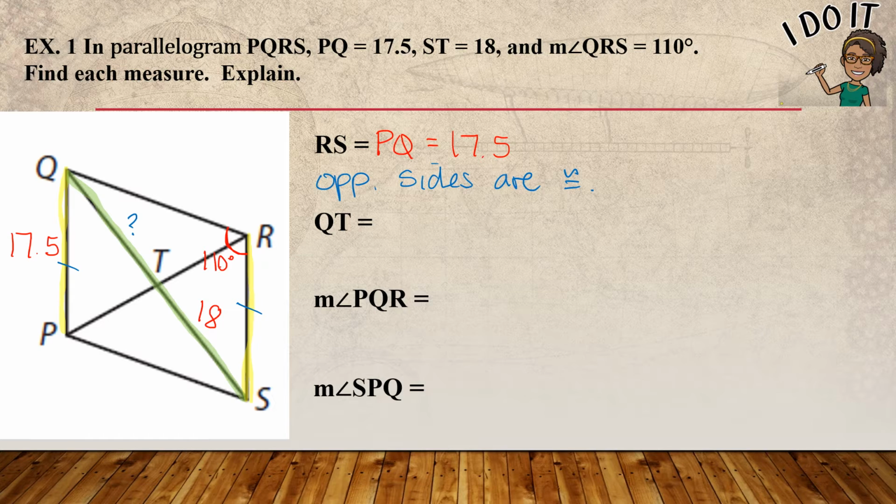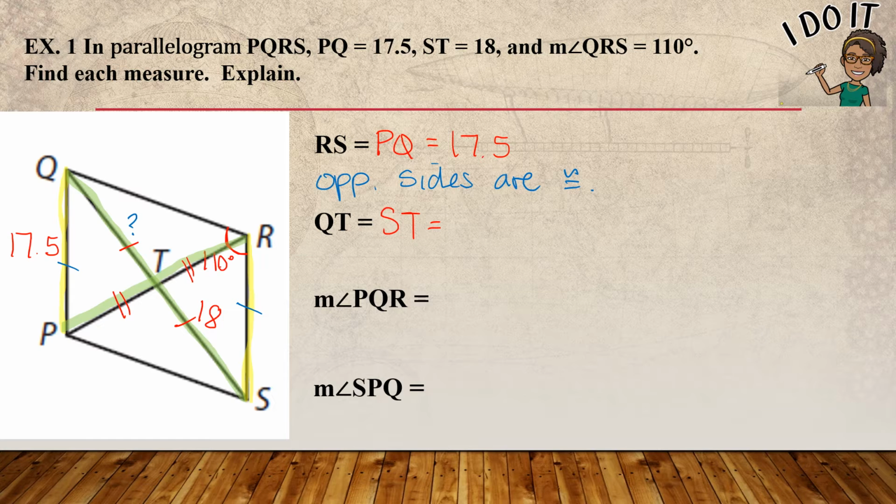Well, QT is a part of that diagonal QS, and what do we know about the diagonals of a parallelogram? Well, we know that the diagonals bisect each other. So that means that these 2 segments, QT and ST, are congruent, and PT and RT are congruent. So if that's true, that means that QT is equal also to the segment of ST.